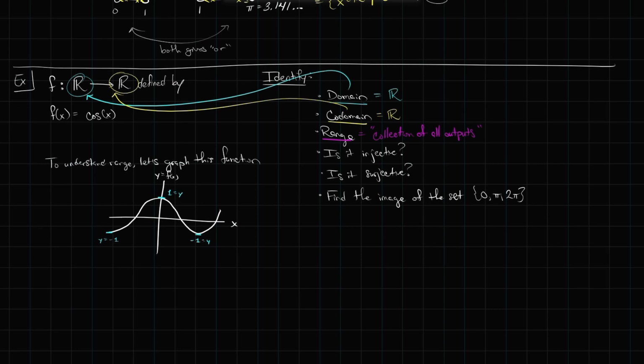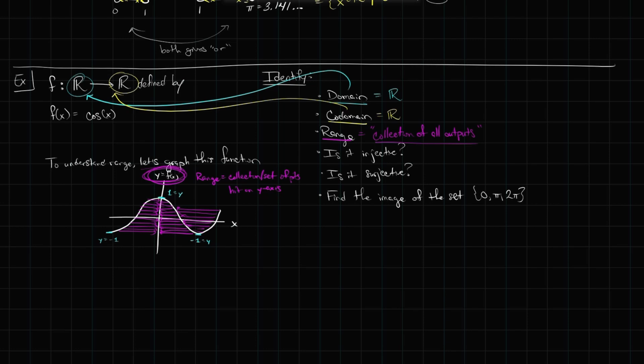So the range is the collection of all outputs. Where are the outputs here? The outputs are the y-axis. So what is the collection of points hit on the y-axis? Range equals the collection, or really set, right? This is why we're working with a set of points hit on the y-axis. So not intersecting the y-axis, what we're doing is thinking about projecting the entire image. When I write my plot here, I'm thinking about projecting everything onto the y-axis. And when I finish that projection, I'm asking what is the interval on the y-axis that's being hit by this function.